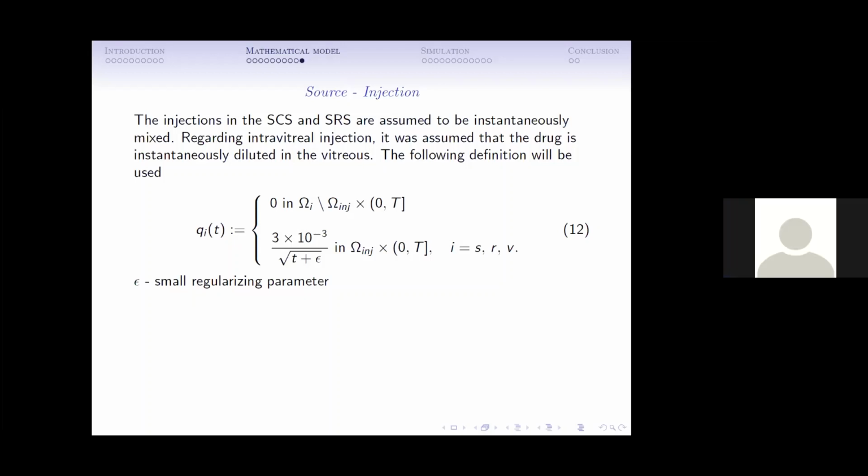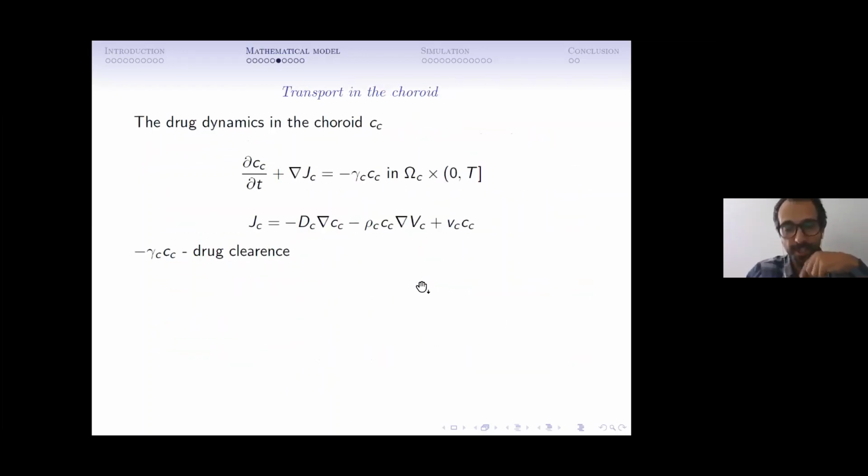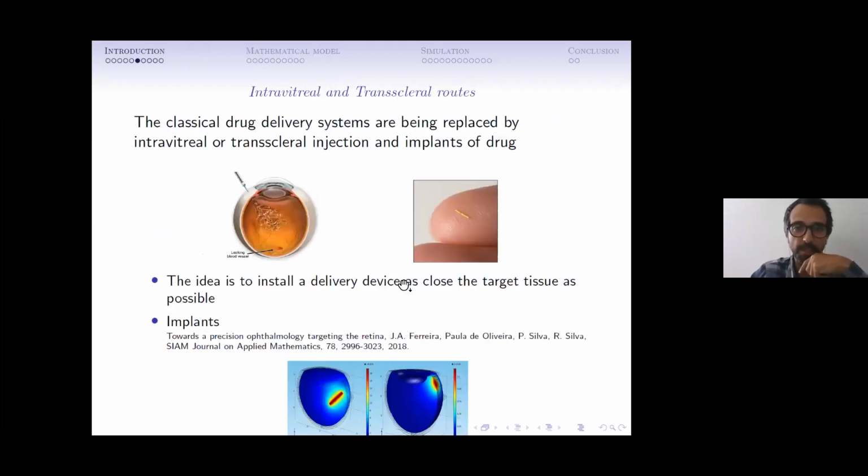My question aims to understand if it would be meaningful or reasonable to do a 3D simulation of the complete eye. Do you think it's true that when we consider implants, we do the simulation in 3D?